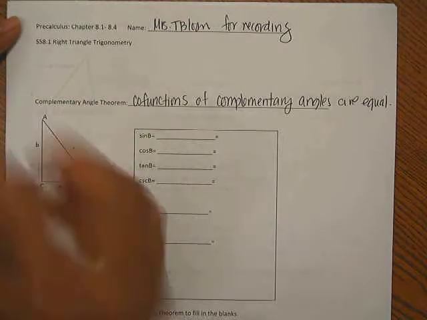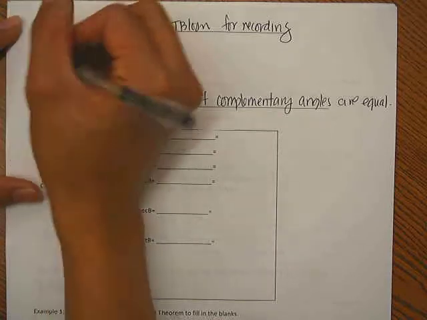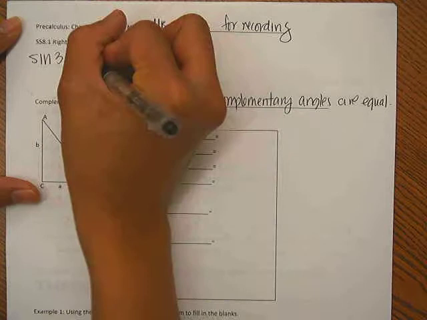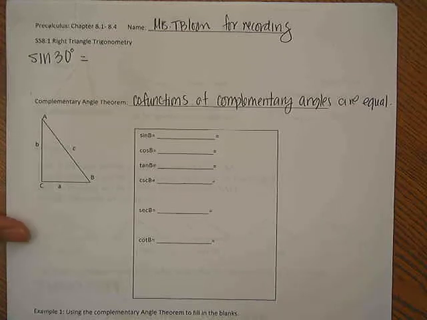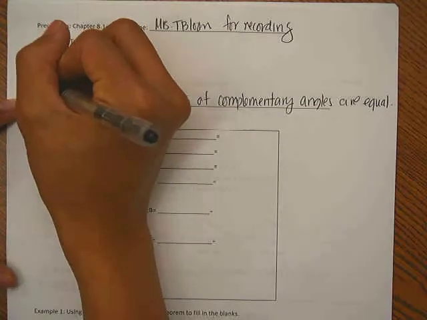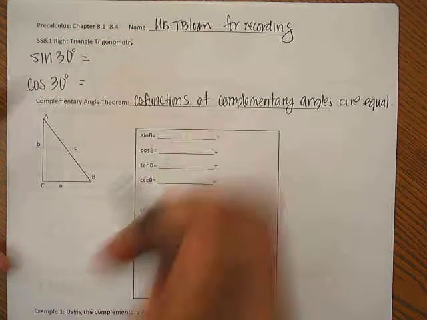Let's talk about the definition and what it means. There's a little space on here, and I'm going to ask you to write this out for me. Write sine of 30 degrees, and I would love for you to fill that out. I'm going to leave it blank, hoping you already have the answer. Then write cosine of 30 degrees.